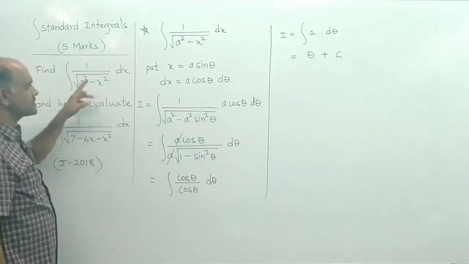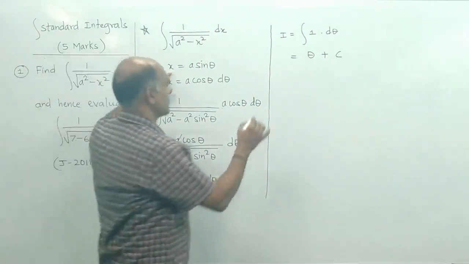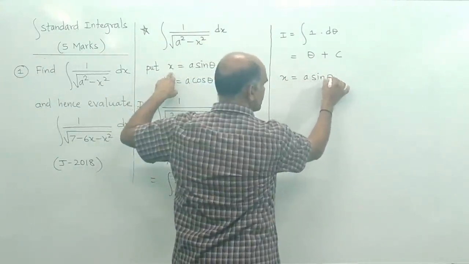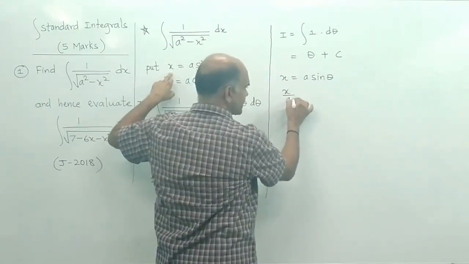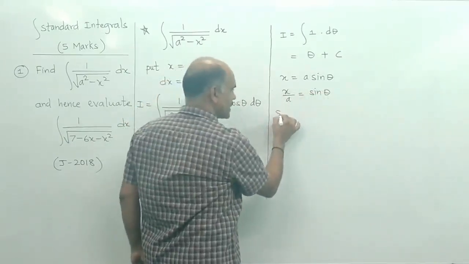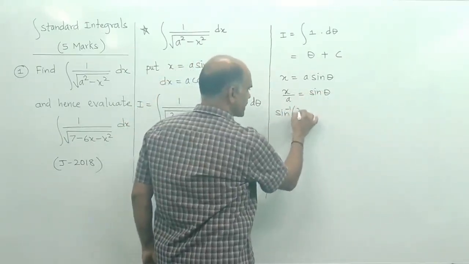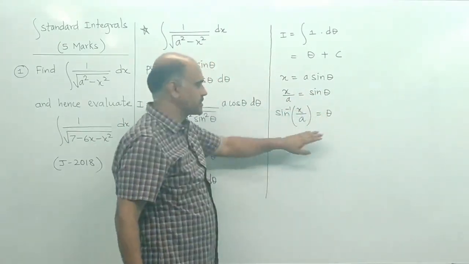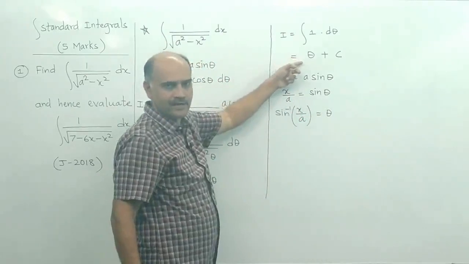Now from this you substitute, put what you have taken. We have taken x is equal to a sin theta. Therefore x by a is equal to sin theta. If you take sin to the LHS, sin inverse x by a is equal to theta. So you substitute this in the integral.